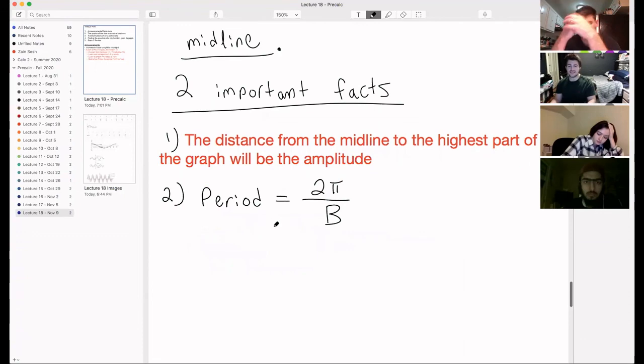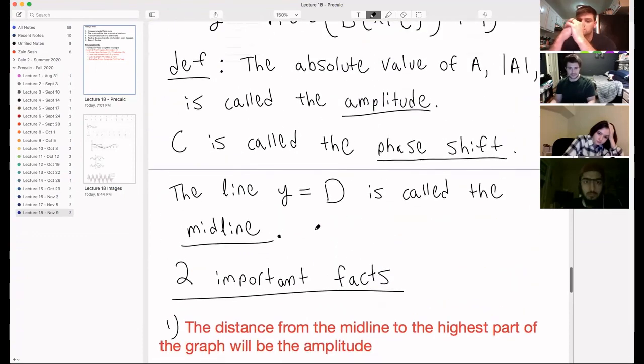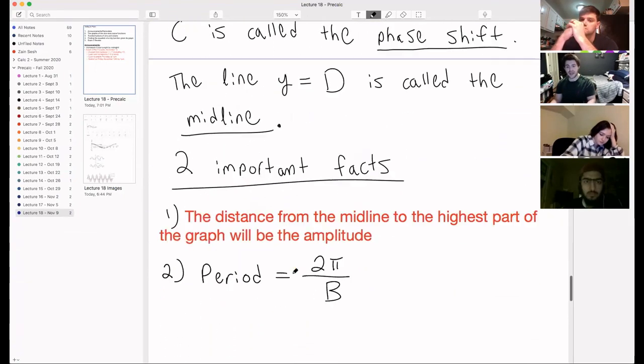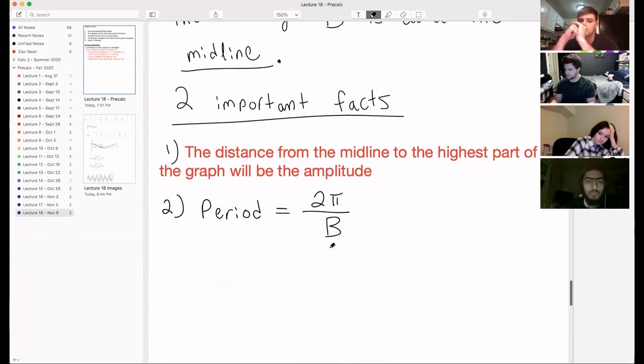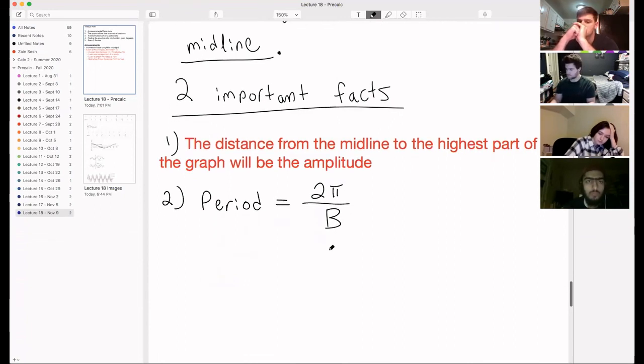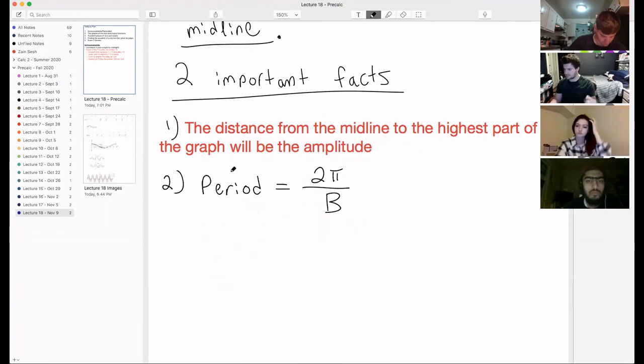So to get the period from the algebraic formula, you do 2 pi divided by B, 2 pi divided by the horizontal compression. These are really nice facts, and we're going to use them from time to time today.